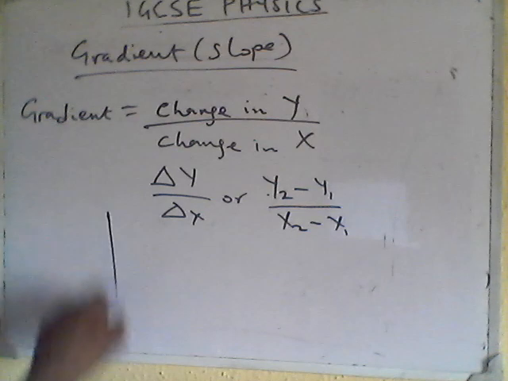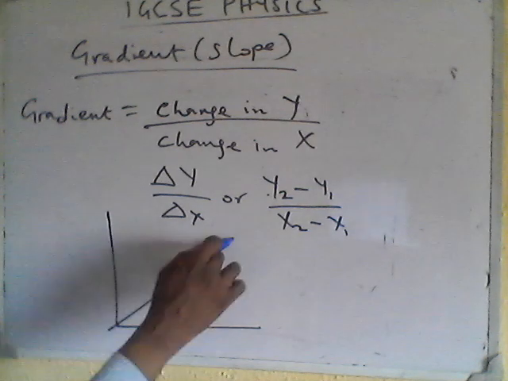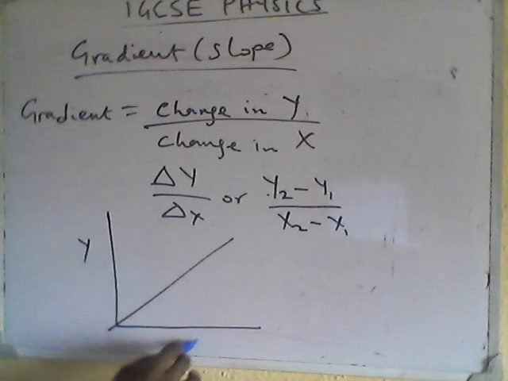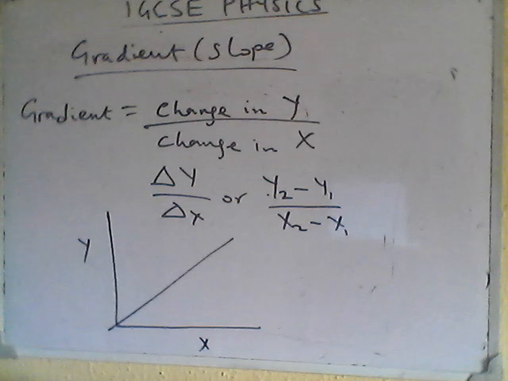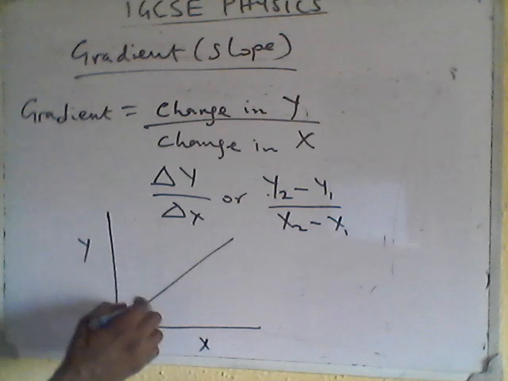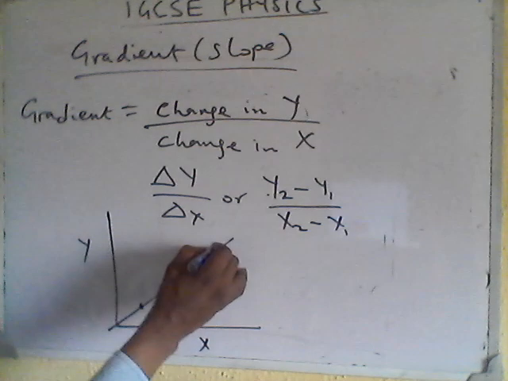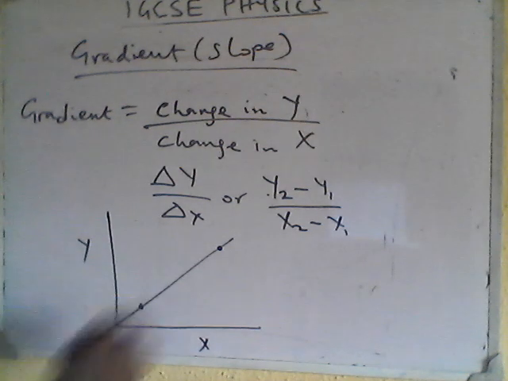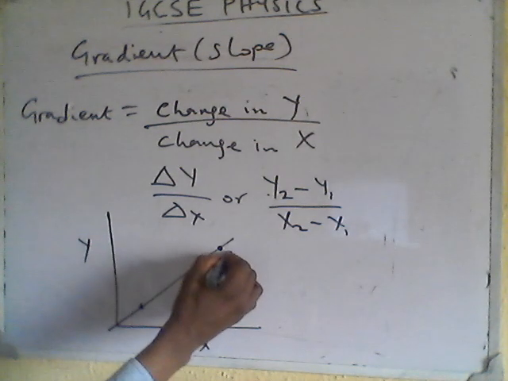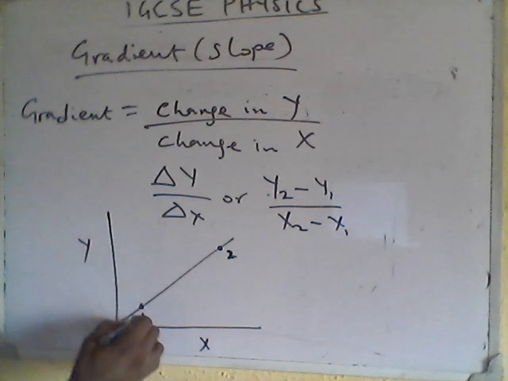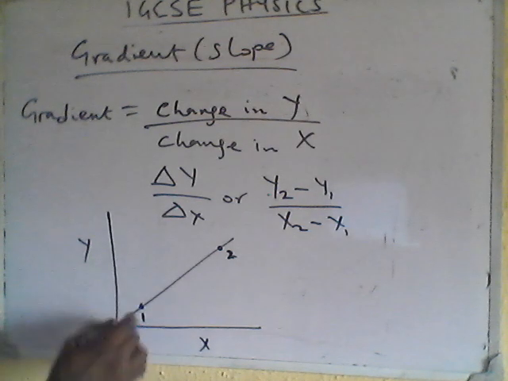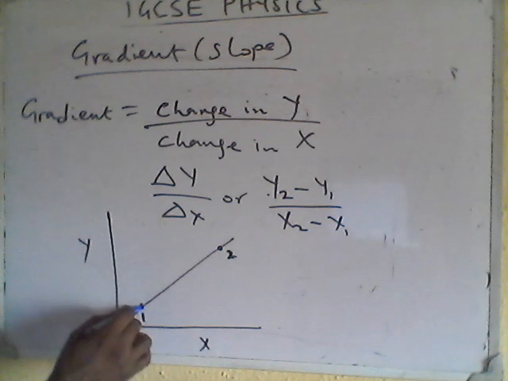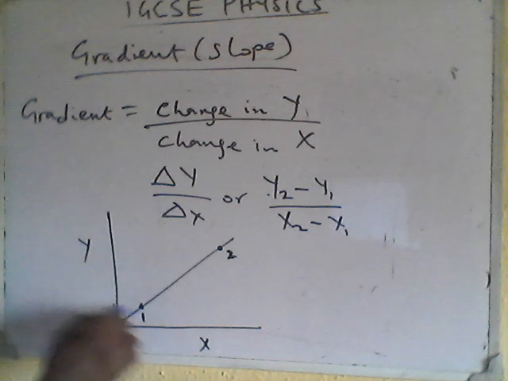If, for instance, your graph looks like this, I have a straight line. This is y and this is x. Let's say I want to get the gradient at this point and at this point. If this point is the second and this point is the first, point 1 has 2 references on the x and y axes.